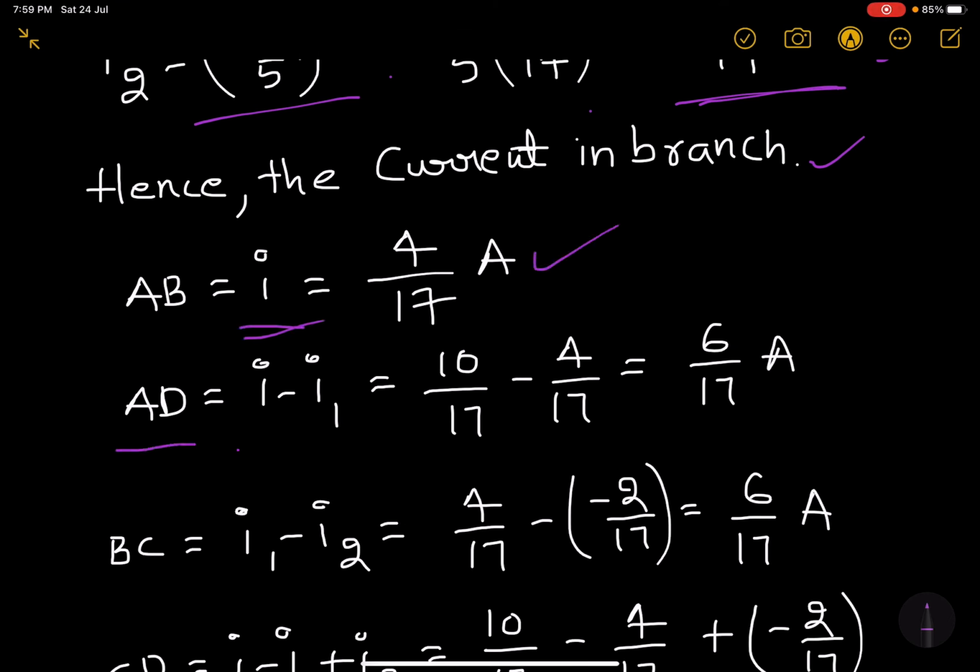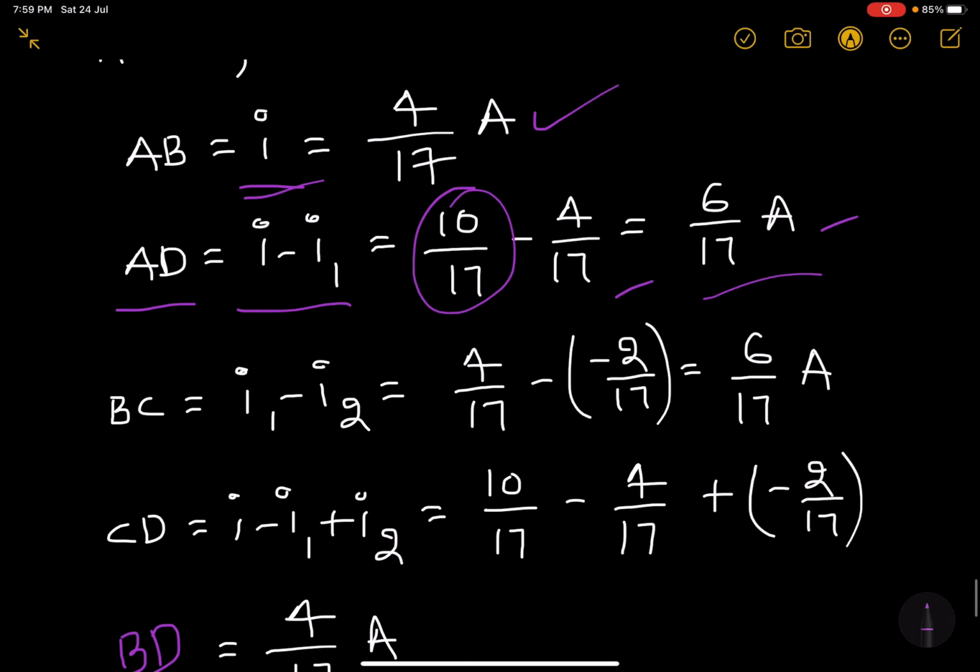AD equals I minus I1, which is 10 by 17 minus 4 by 17, so 6 by 17 amperes. BC is I1 minus I2, which is 4 by 17 minus minus 2 by 17, so 6 by 17 amperes.